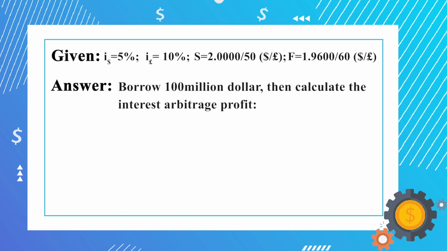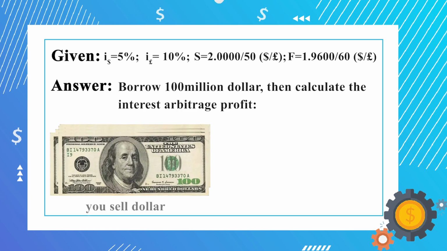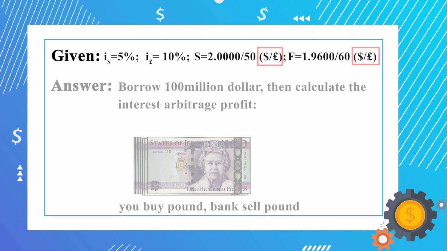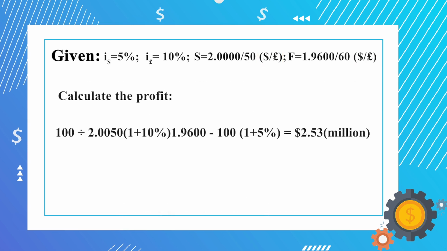Borrow $100 million, then calculate the interest rate arbitrage profit. Exchange $100 million into pounds. You sell dollars and buy pounds. Pound is the base currency. That's to say, the bank sells the base currency, so we use the bigger rate, $2.0050 per pound.